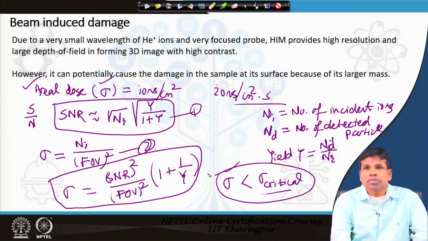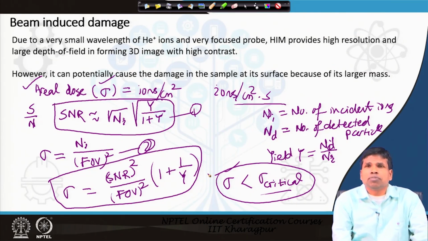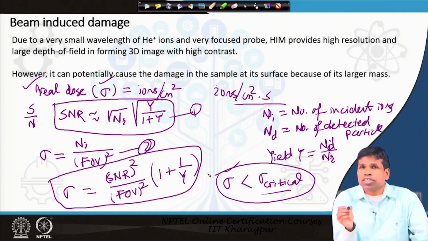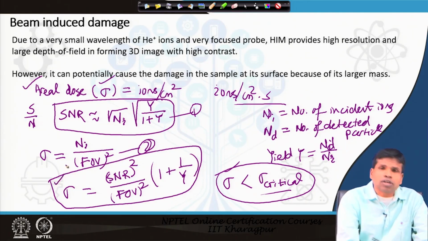For example, if our material itself is amorphous, and the dose is more, it will again amorphize the material, so it is not a problem. Or, for example, if we are using a very thin section, then the ion beam will penetrate deeper into the specimen, and damage will be created deeper, not at the very surface. So, then also it is not a problem if we take the ion dose to be a little more.